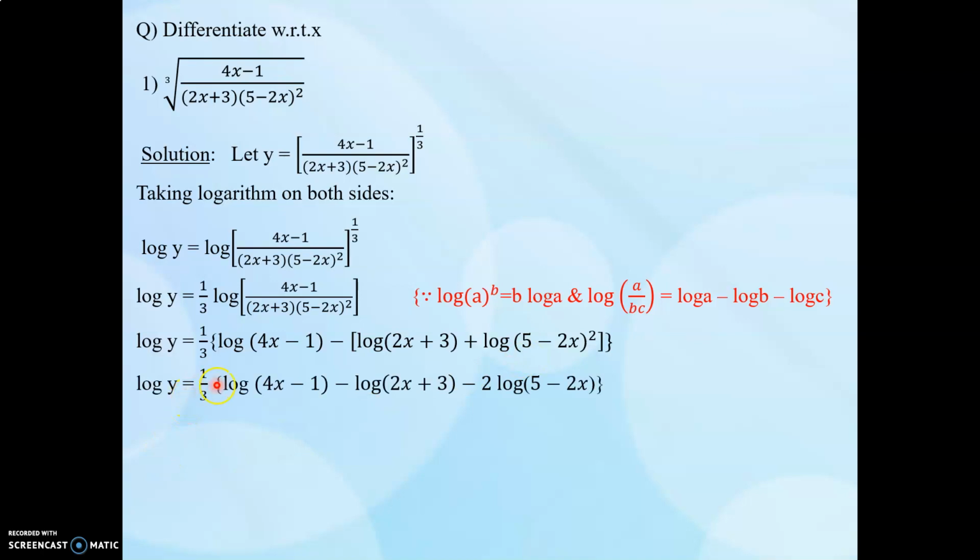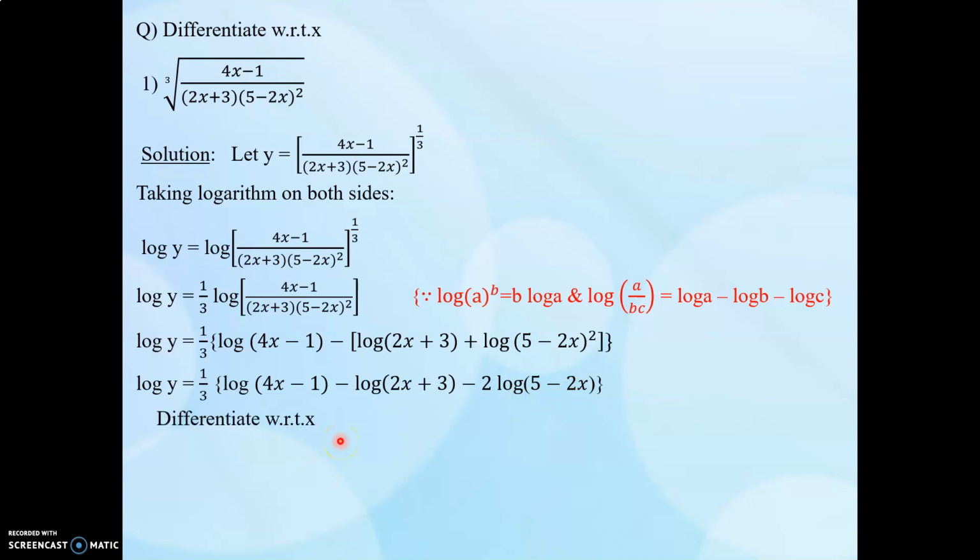So log y is equal to 1 upon 3 into log (4x minus 1) minus the second term and third term. And here again, 2 we can take out, so 2 log of (5 minus 2x) by the law of exponential.